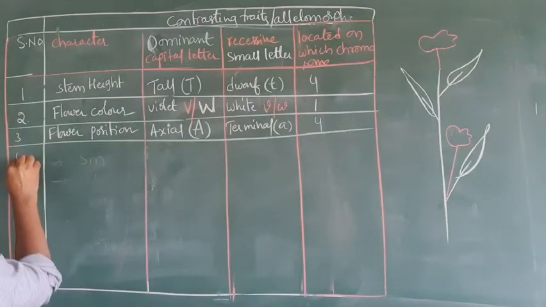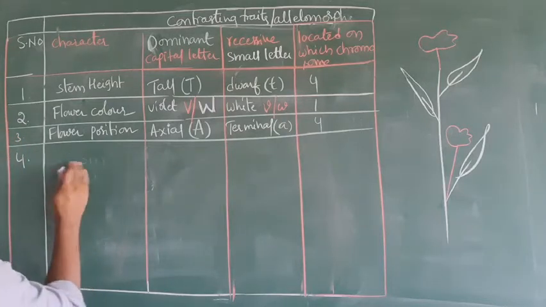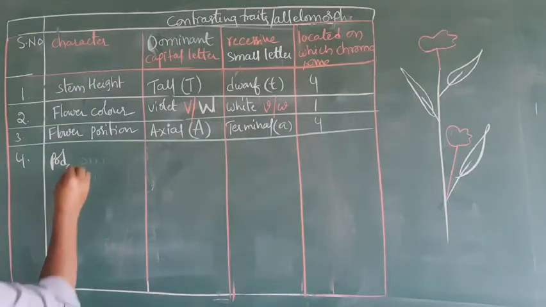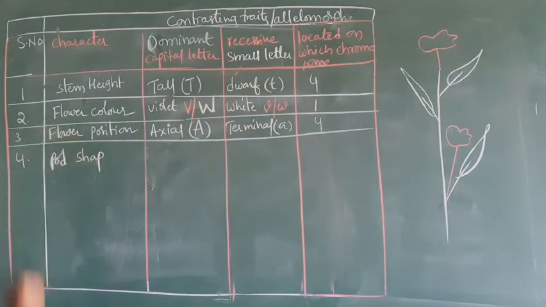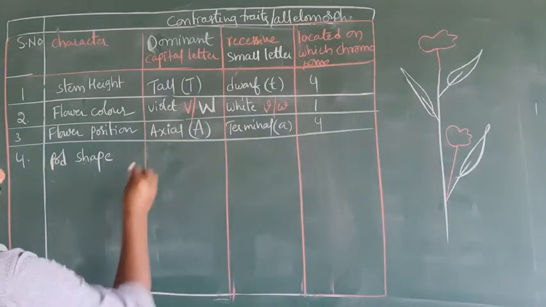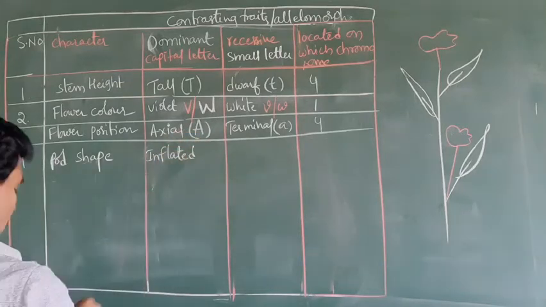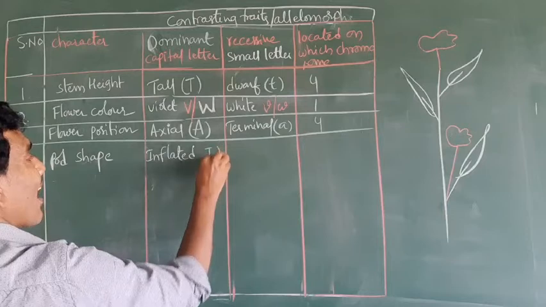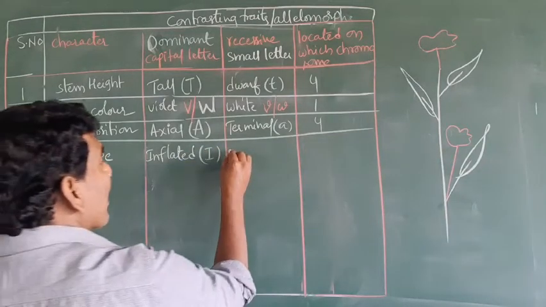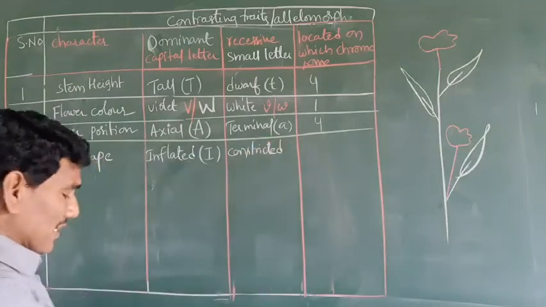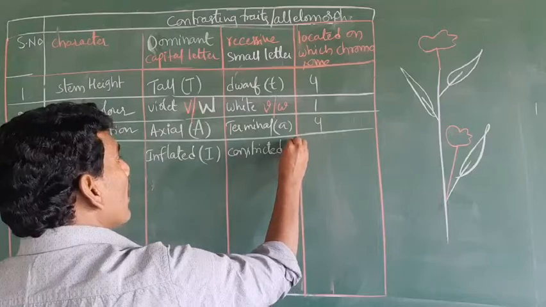Next, the fourth character is pod shape. Pod shape: inflated, represented by capital I. Next, constricted, represented by small i.